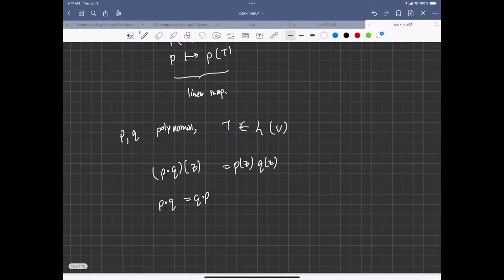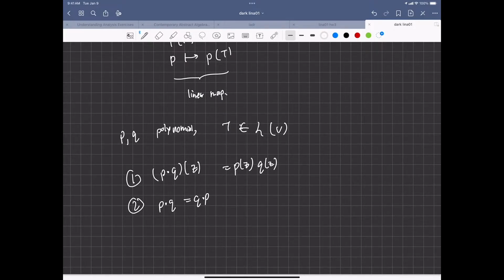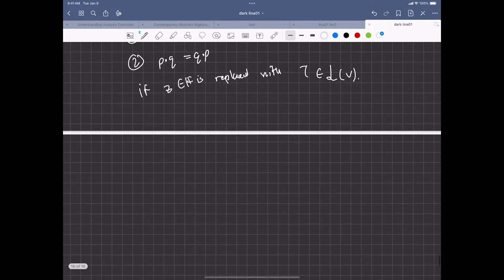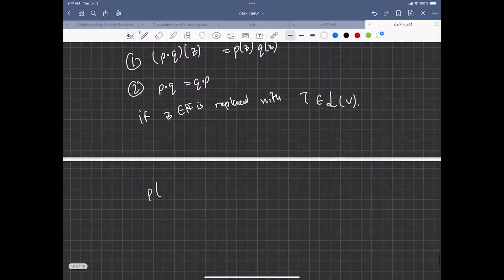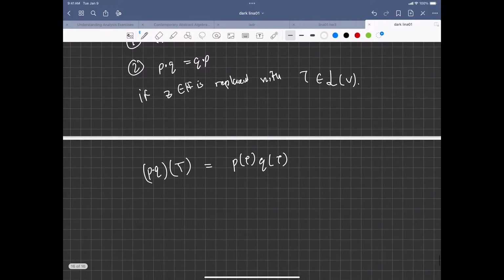It turns out that these two properties hold if Z is replaced with an operator T. What this means is that P times Q of T is equal to P of T times Q of T, multiplication in the traditional sense.